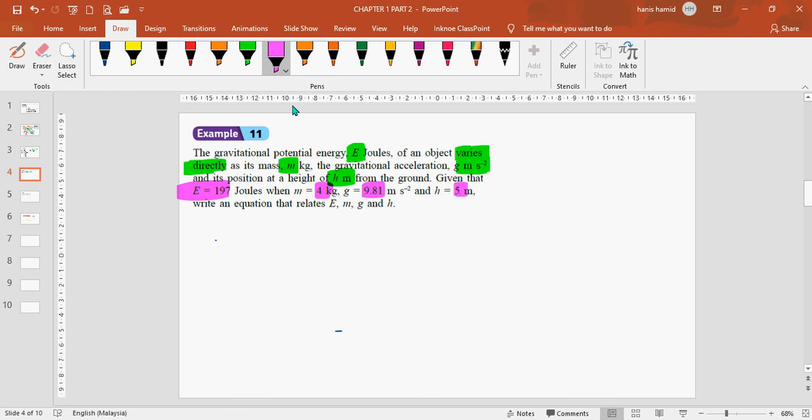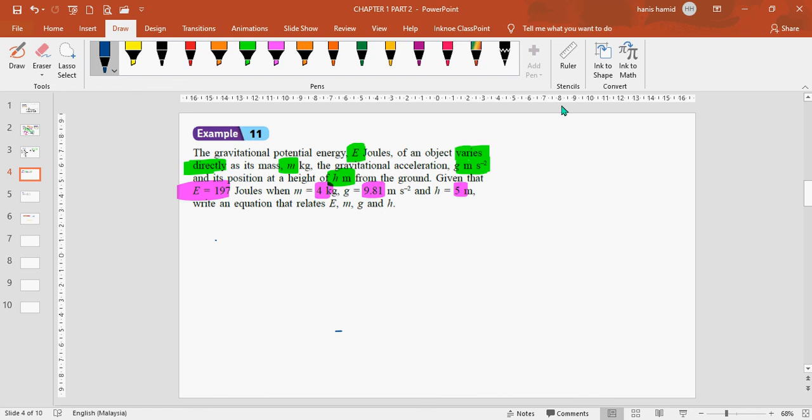Write an equation that relates E, M, G, and H. So the question wants you to do it until step 4 because you need to write the equation, so you need to find the value of K.